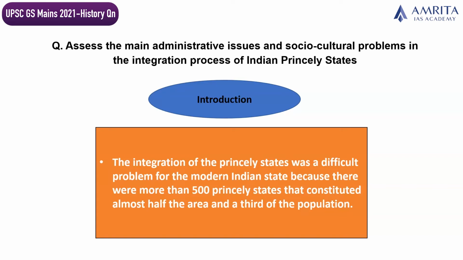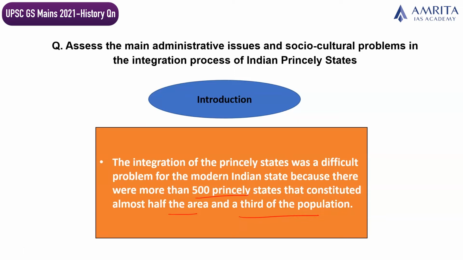There were more than 500 princely states, and these constituted almost half the area and one third of the population of the Indian Dominion at that point of time. Now this was a mammoth task. Every state had their own demands, and all of these had to be adjusted in order to create a proper dominion.